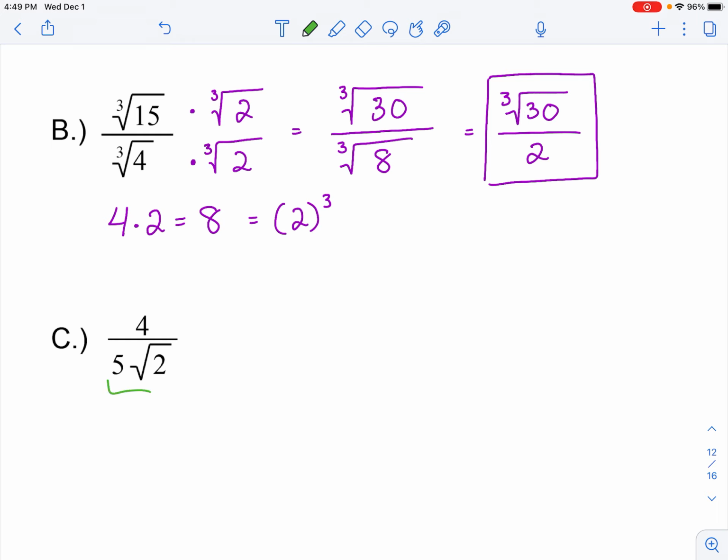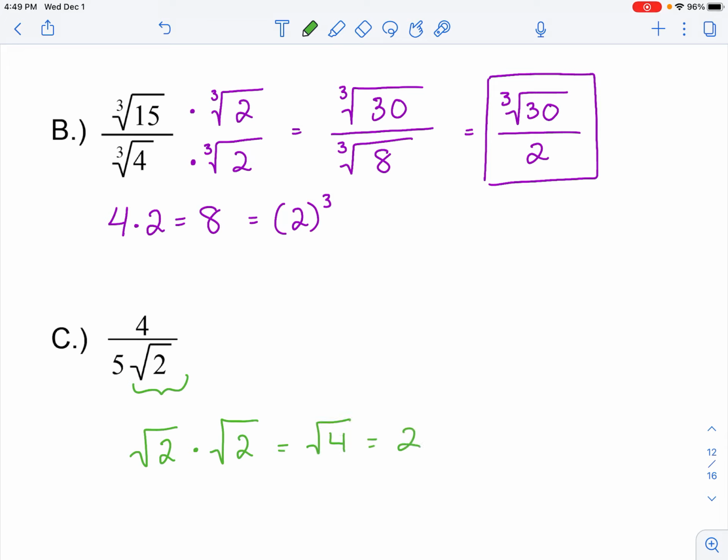Now, this denominator has a radical and a non-radical. The 5 is not an issue, only this is the problem. So I've got to multiply. If I do square root 2 times square root 2, that gives me square root 4, which is just plain old 2.